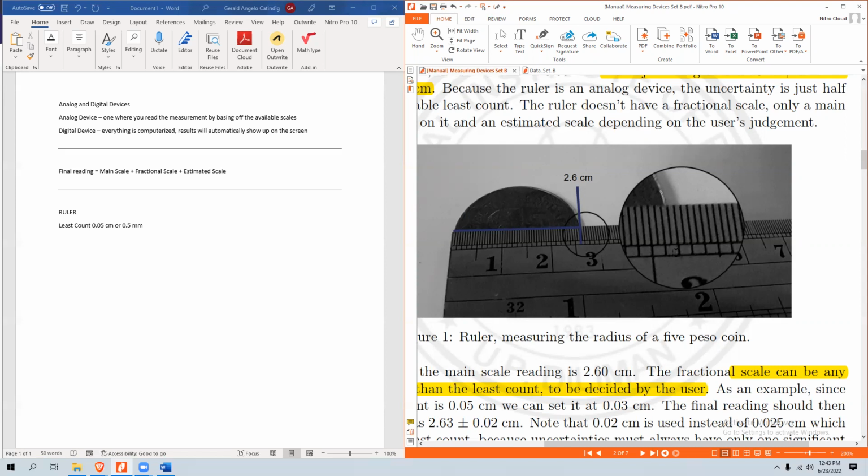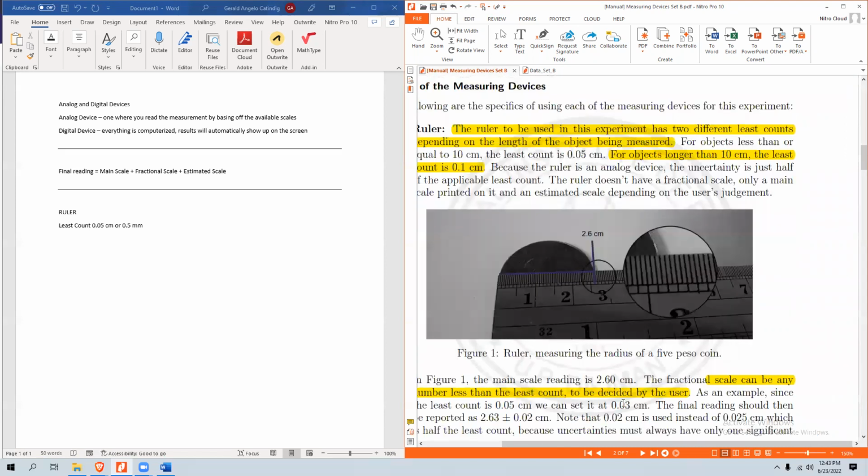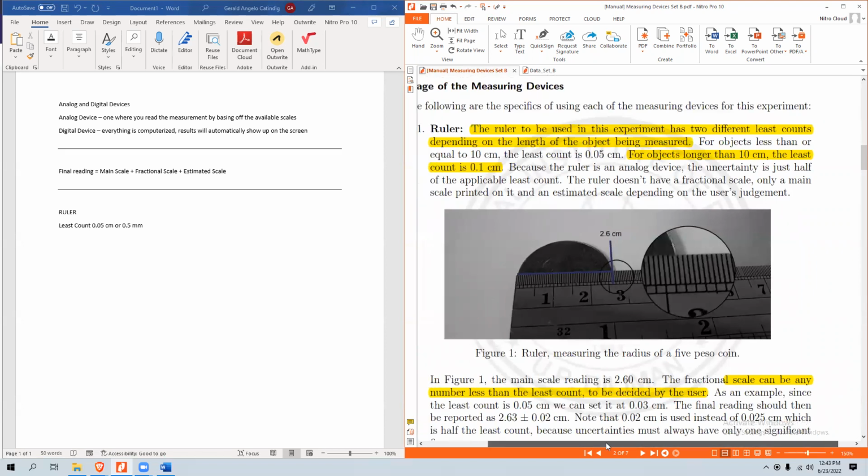So instead of using uncertainties with plus or minus, what they did here for the measurement was set 0.03 as an estimate, I mean the fractional scale reading, sorry. This adds a degree of precision to the measurement.